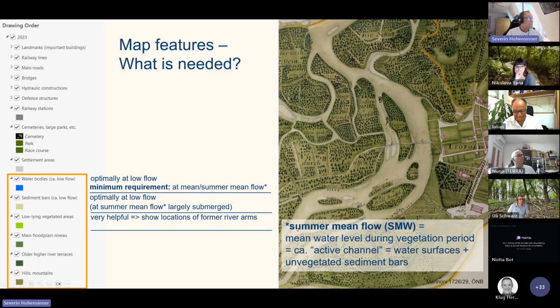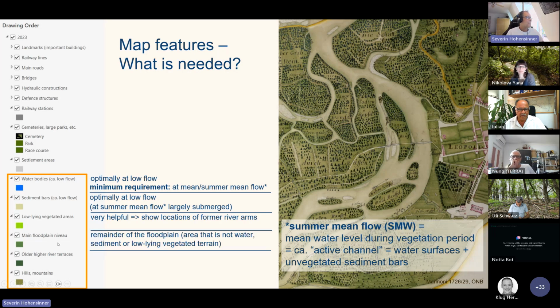They must not be analyzed, but are very helpful because they show us the location of former river arms in the floodplain. And then it's easier to georeference historical maps because you see, okay, the terrain depression, the vegetated trench in the floodplain, this was the active river channel in 1849, for example.